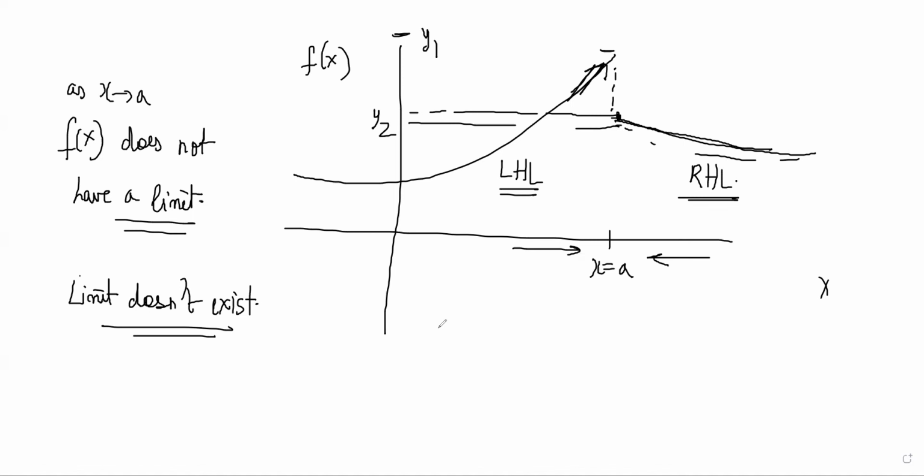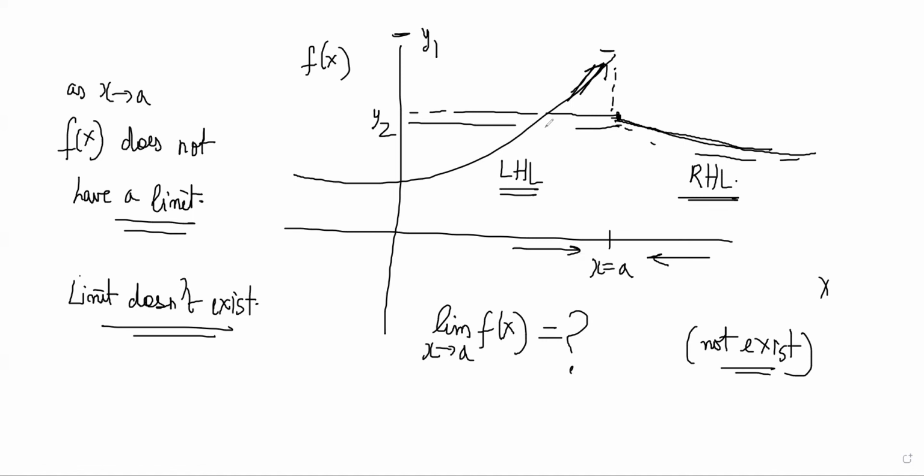We'll ask, as x tends to a, what is the value of f of x? We will say it does not exist, because the left-hand side and right-hand side tendencies are not matching. However, we can say that the limit as x tends to a minus of f of x, where a minus means from below a, from this side, is equal to y1.